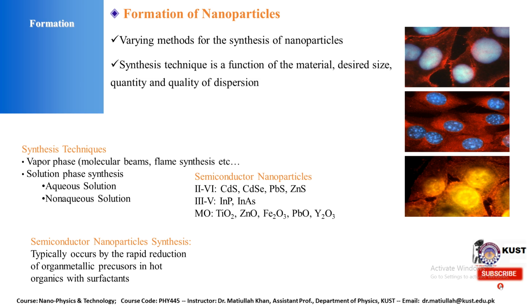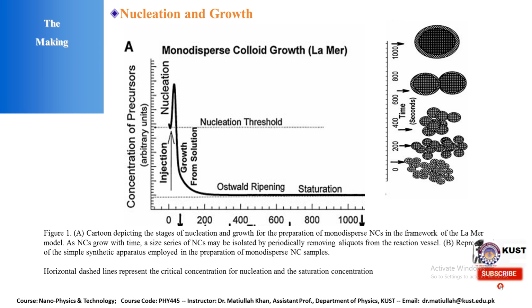So the synthesis of nanoparticles varies and depends on the nature of the particular nanoparticle we are dealing with. Depends upon the nature of that material, but anyhow some general techniques are mentioned here which synthesize or fabricate some interesting nanoparticle quantum dots.